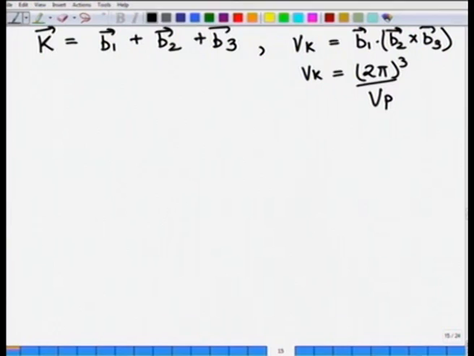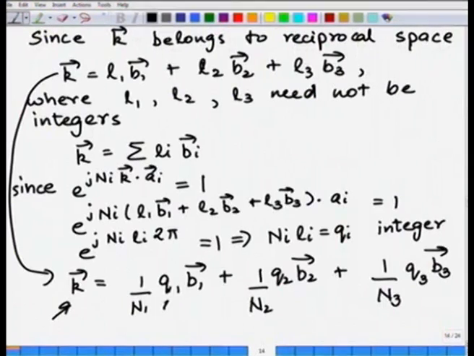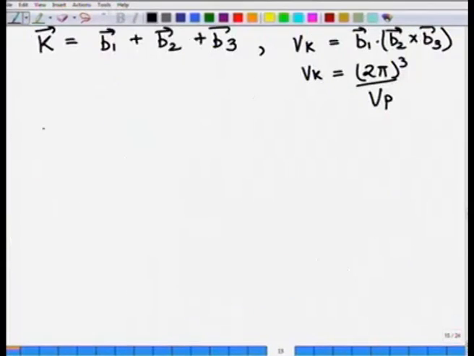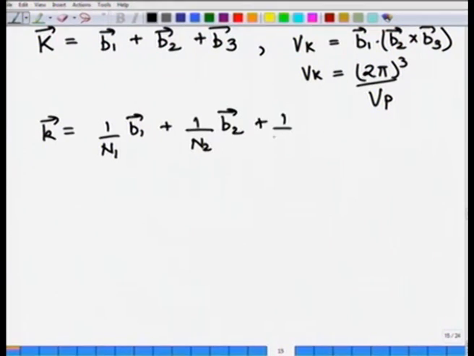Likewise, in reciprocal space, imagine equivalent to that, these are integer quantities. So, similarly, what is the volume occupied by this k state, which is defined by 1 by n1 B1 plus 1 by n2 B2 plus 1 by n3 B3?